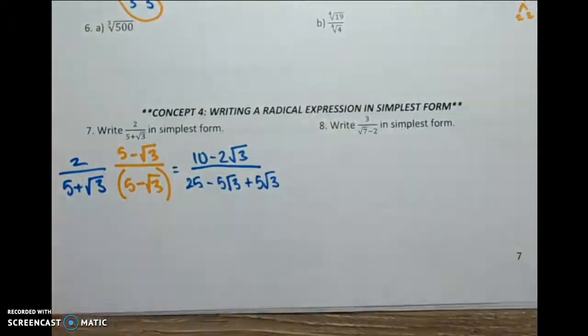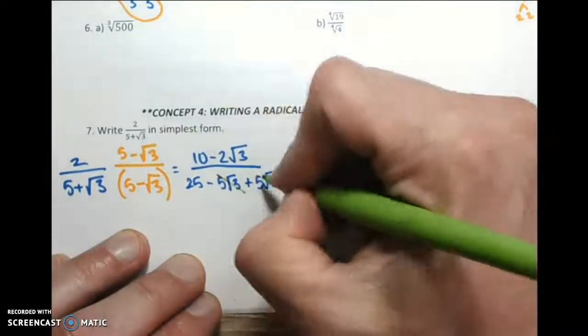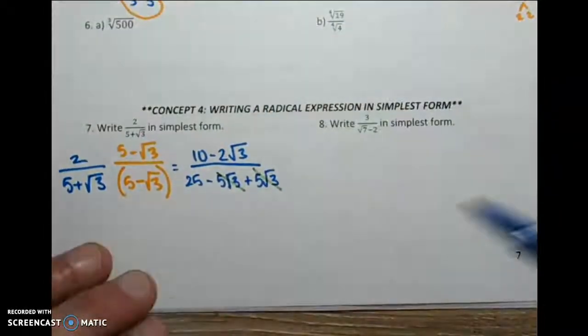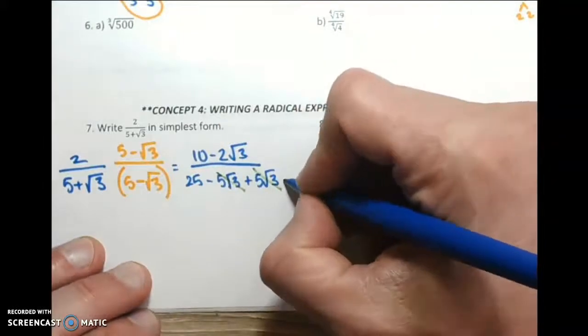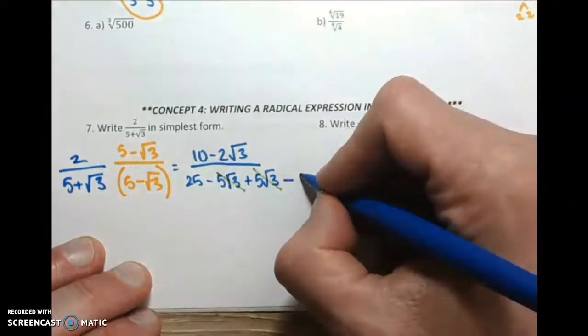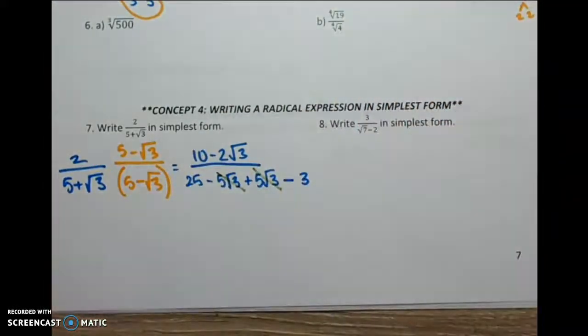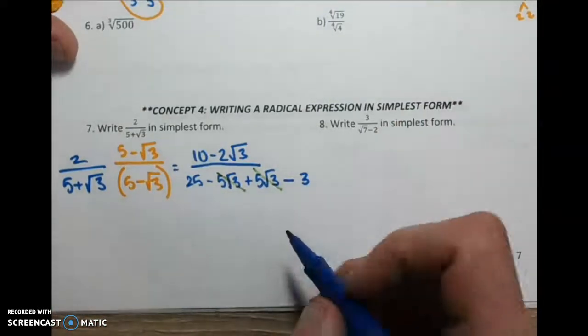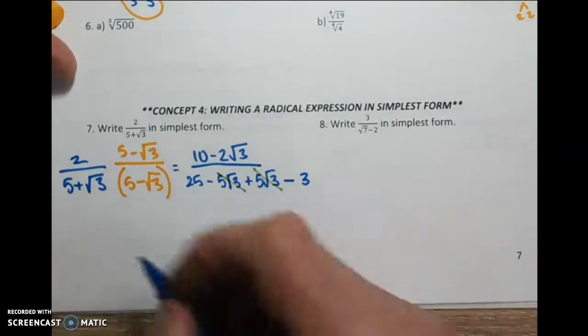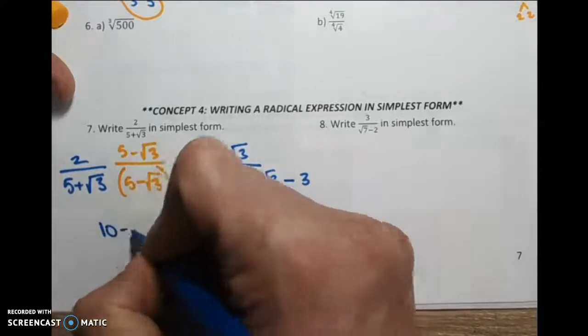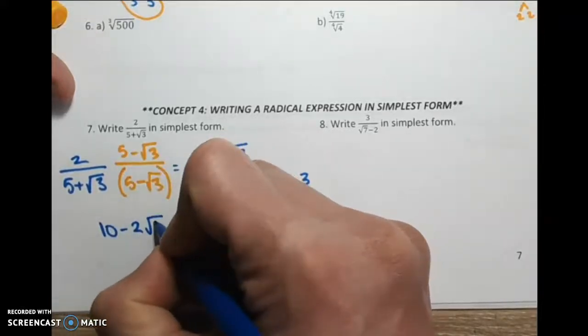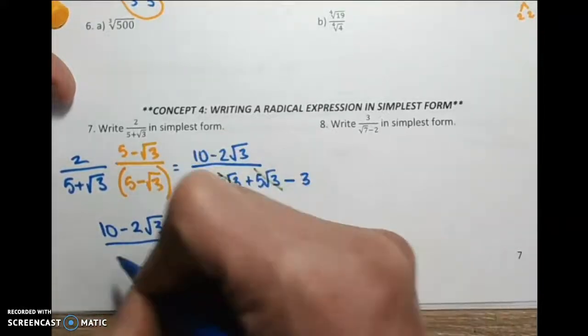And what do we know there? Those are going to cancel out. And then root 3 times negative root 3 is negative 3. Okay, so now I combine 25 minus 3, and that's 22.